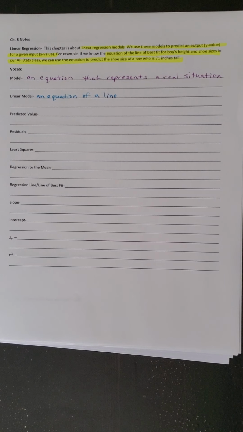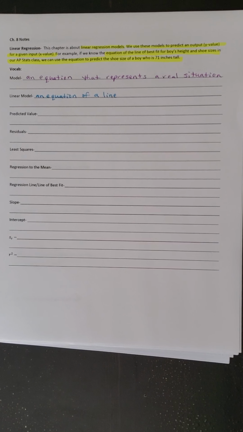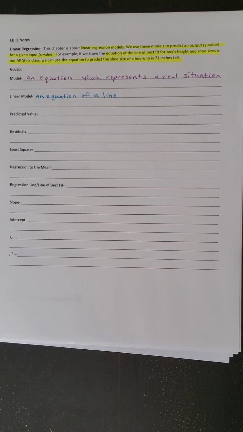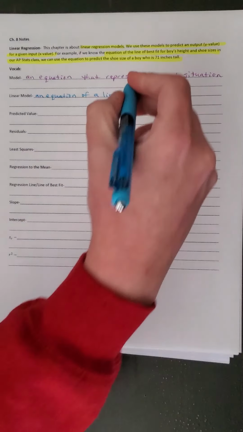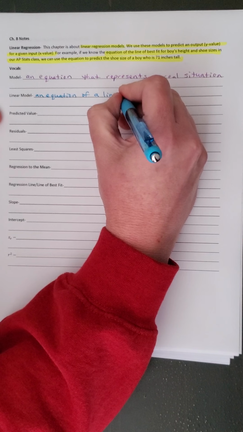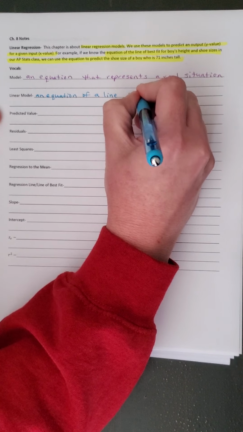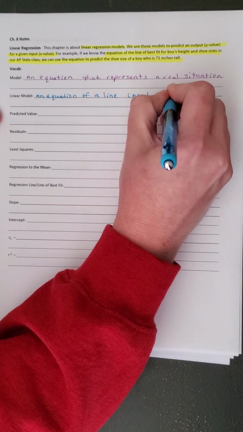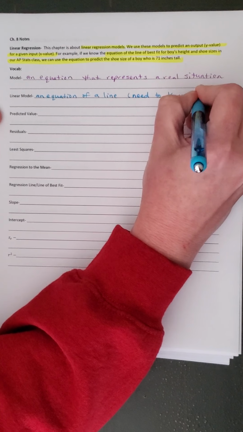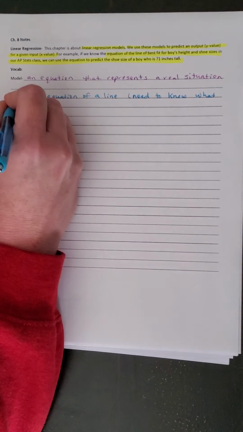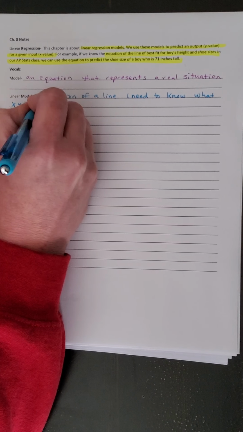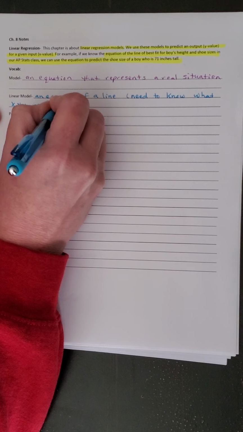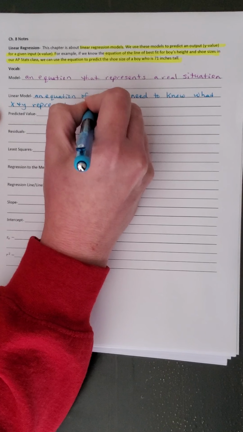and to interpret a linear model, we need to know the variables along with their units. So need to know what x and y represent with their units.